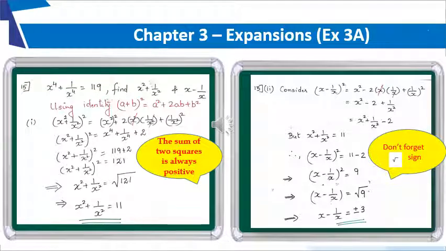Substituting the value of x square plus 1 upon x square is equal to 11, which we got in case 1, we get the value of x minus 1 upon x the whole square equal to 9. Hence, taking the square roots on both the sides, we get x minus 1 upon x is equal to square root of 9, which means the final answer is x minus 1 upon x is equal to plus or minus 3.